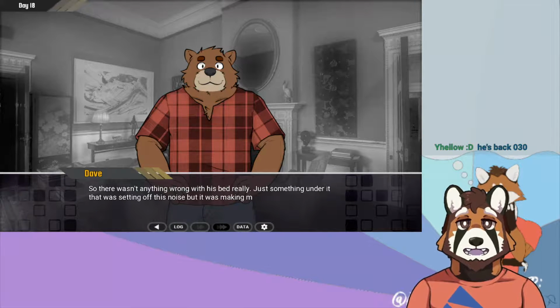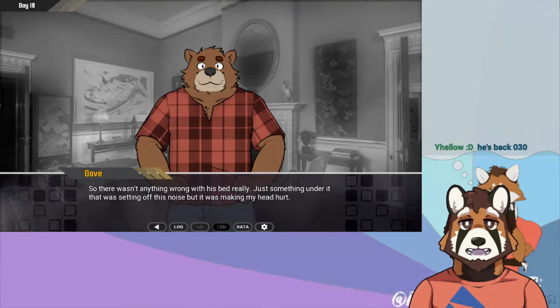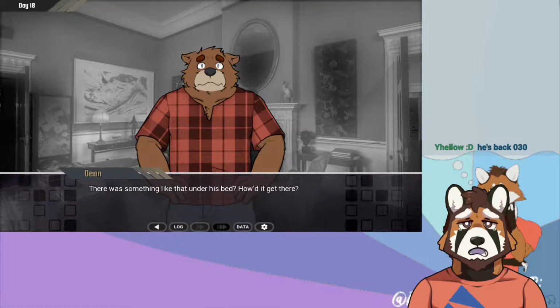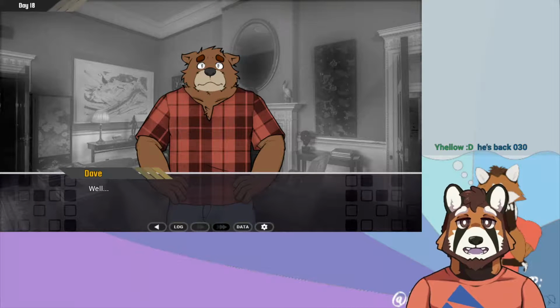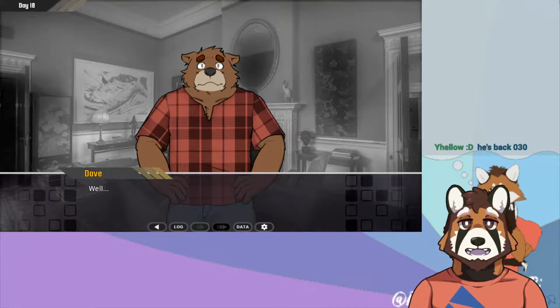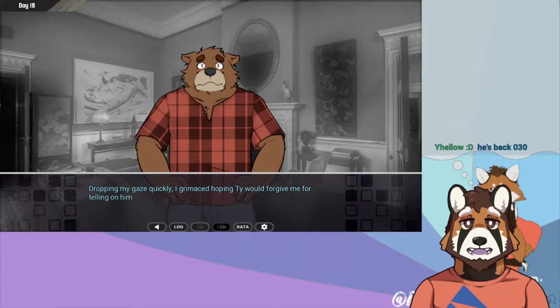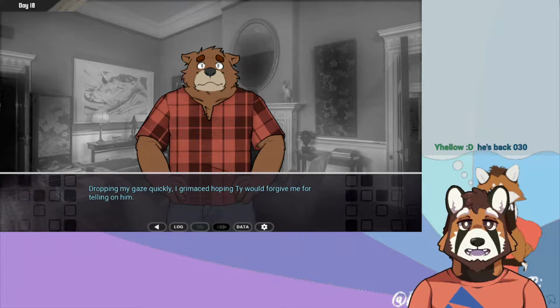So there wasn't anything wrong with his bed, really. Just something under it that was setting off this noise, but it was making my head hurt. Then, there was something like that under his bed? How'd it get there? Well, remember the thing that bit you? Dropping my gaze quickly, I grimaced, hoping Ty would forgive me for telling on him.